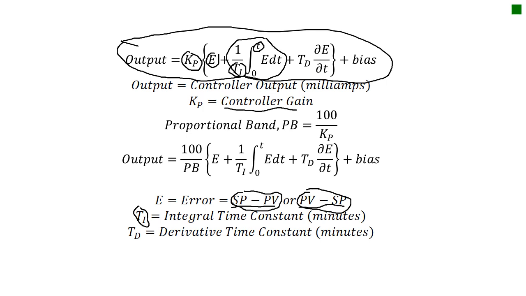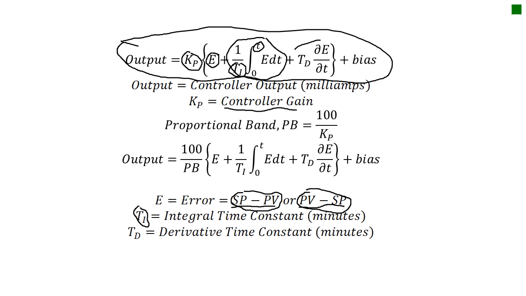And this term takes into account a phenomenon which we call offset. If we just work with an error term and nothing else, no integration or no derivative, then many times we'll find that we will have what's called an offset. Even though our temperature is not at the set point, it will just remain there. So we introduce this second term, which is an integral time constant.